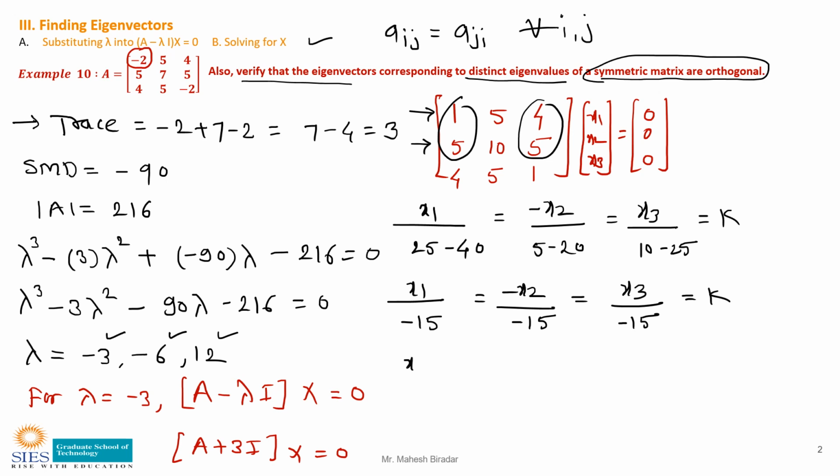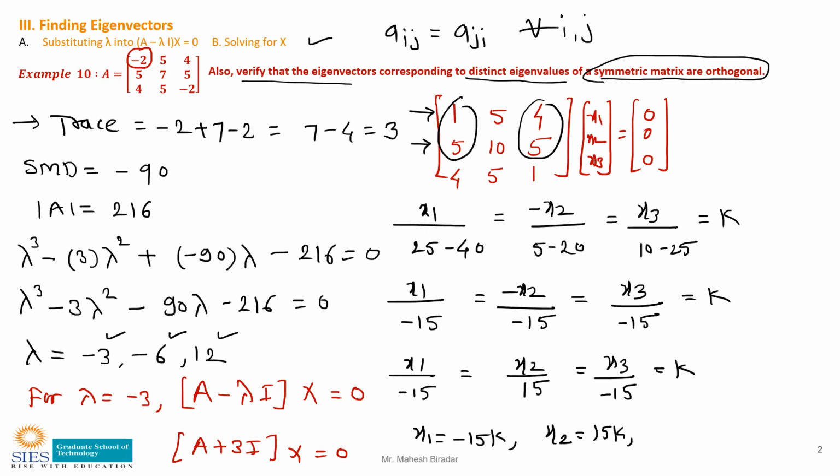So x1 divided by negative 15, x2 divided by 15 and x3 divided by negative 15 is equal to k. So x1 is equal to negative 15k, x2 is equal to 15k and x3 is equal to negative 15k. So k is any proportionality constant. Here you can take k as, suppose, negative 1 by 15.